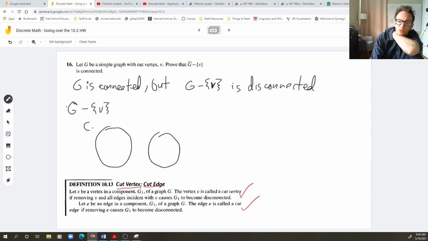So there are at least 2 components, C1 and C2, because this graph is disconnected.